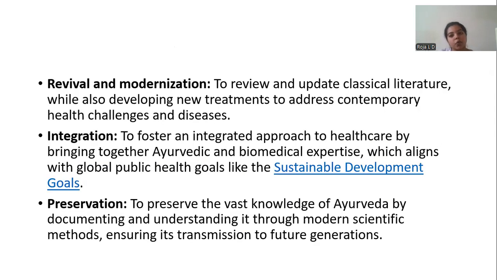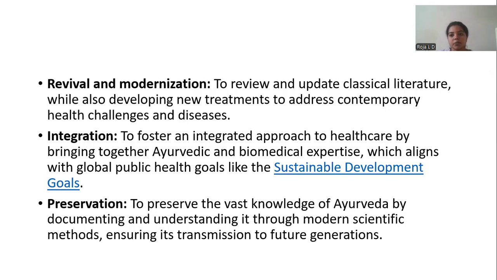Next, revival and modernization. Just like the objectives, it is repeated here: to review and update classical literature while also developing new treatments to address contemporary health challenges and diseases. So, as I explained before, integration and preservation. We need to preserve our Ayurveda, because if we just go to the Kashyapa Samhita, most of the chapters are missing, right?